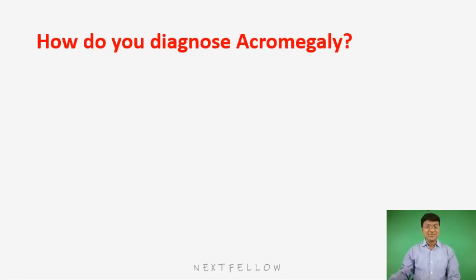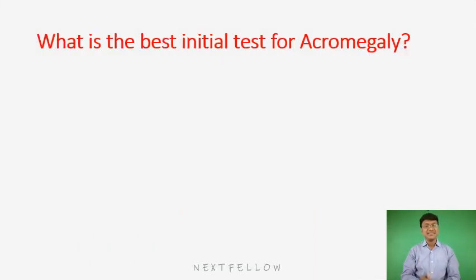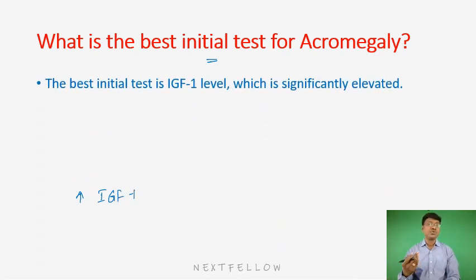Then, how do you diagnose acromegaly? See, in the diagnosis of acromegaly, we have the first line investigation as well as the best investigation. So out of which, what will be the best initial test? What will be the first line investigation? First line investigation is the increase in the insulin-like growth factor 1 level, which is nothing but somatomedins.